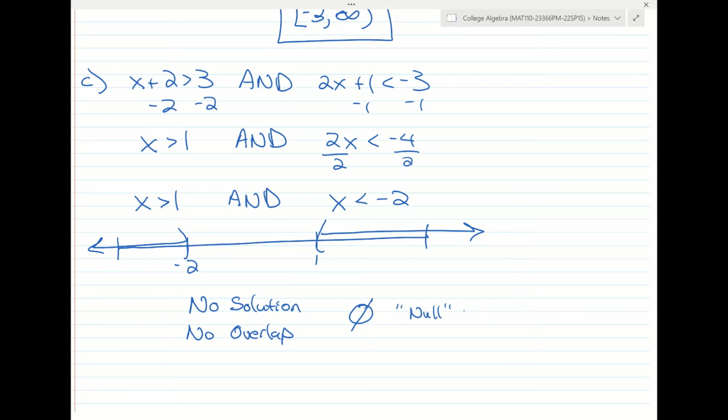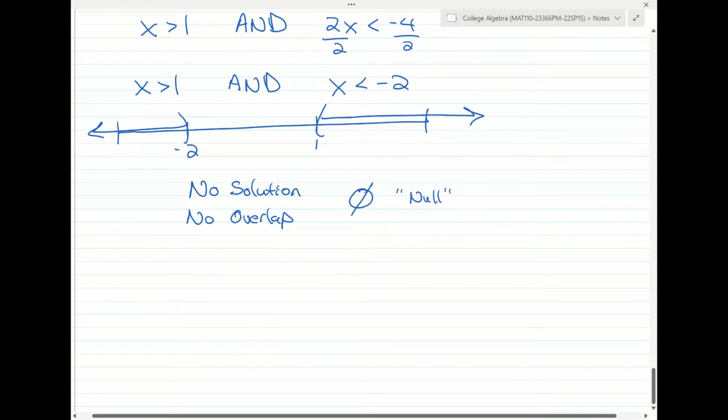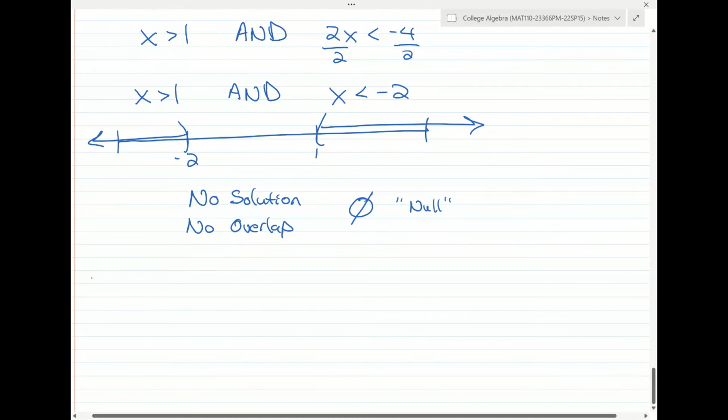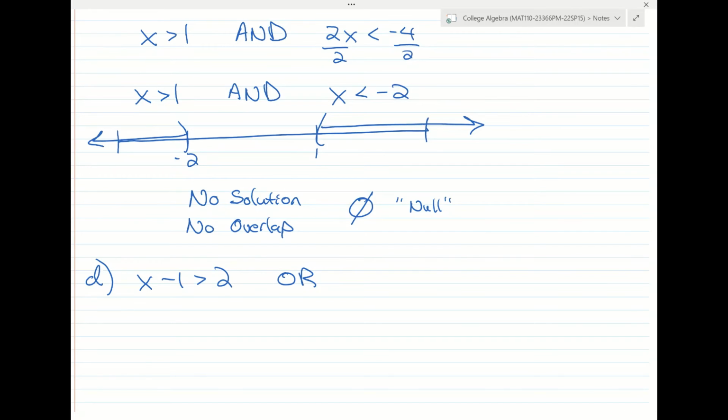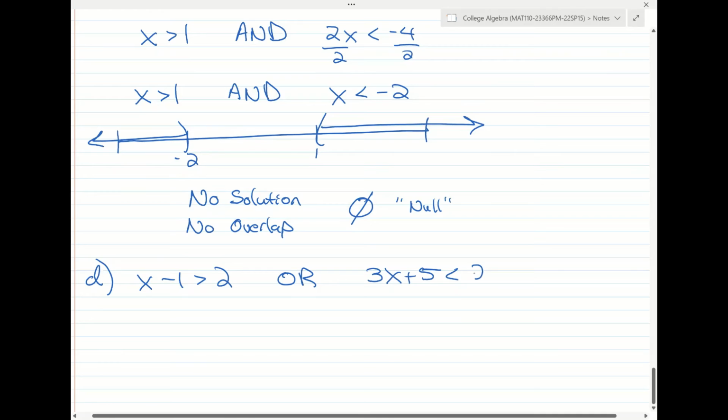I want to talk a little bit about OR problems. What if we had x minus 1 is greater than 2, or 3x plus 5 is less than 2x plus 6?